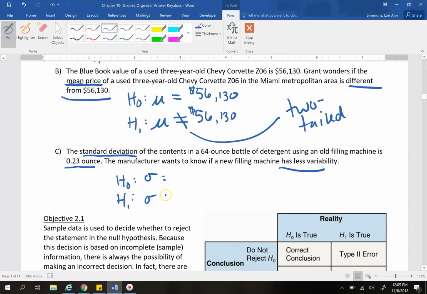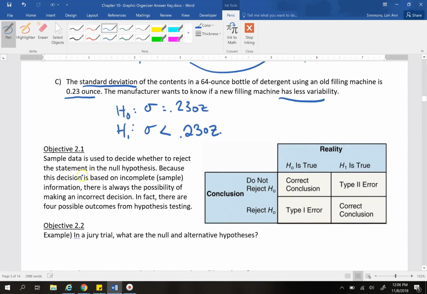Has less, that means less than. And what are we working with? The 0.23 ounces. Okay, because we're concerned about the 0.23 ounces being filled, not the container it's going in, but the amount that's going in to that 64-ounce container.